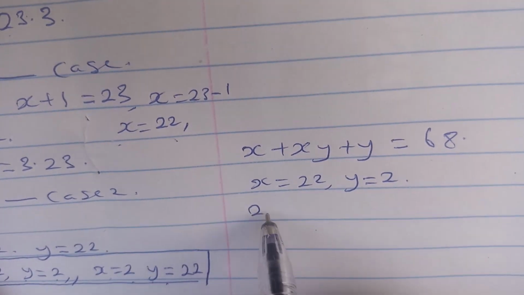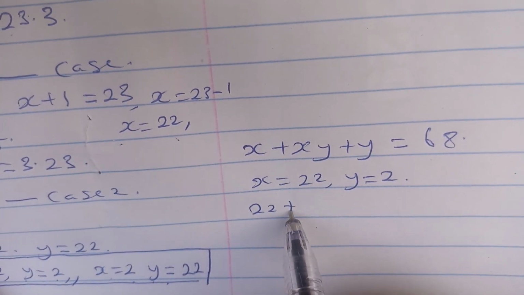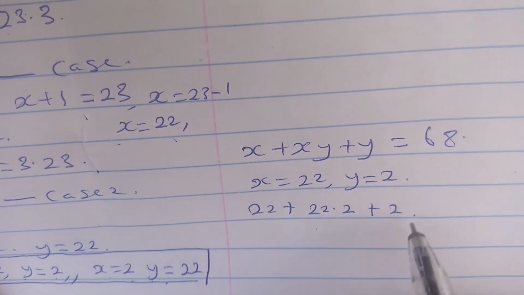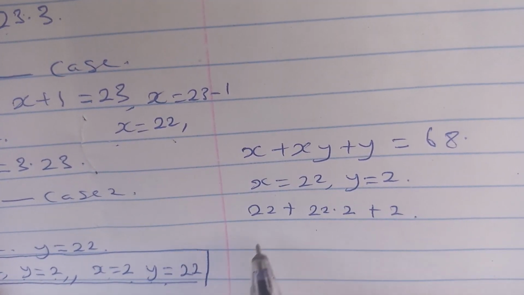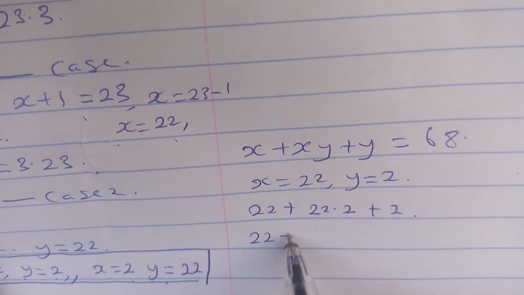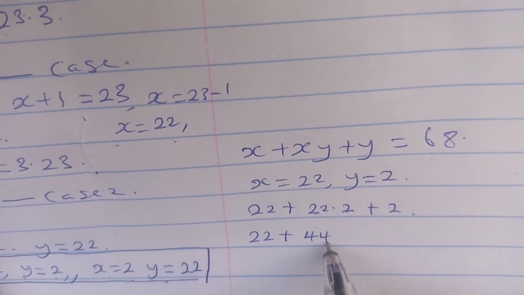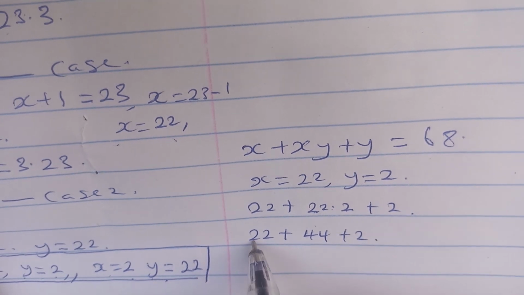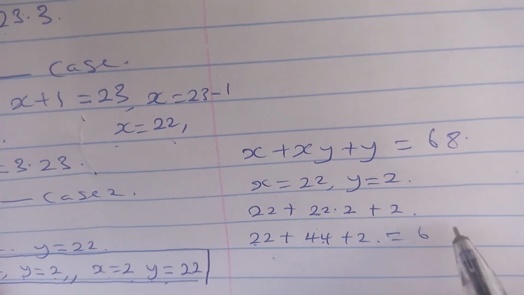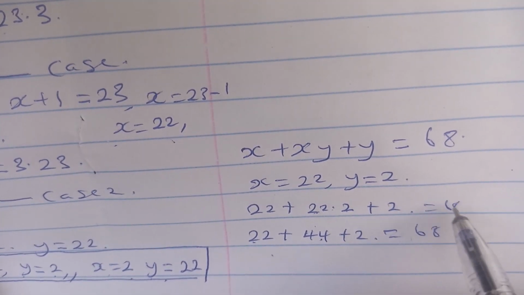So you can see 22 plus 22 times 2 plus 2. 22 times 2 gives us 44, so we have 22 plus 44 plus 2, which is also equal to 68.